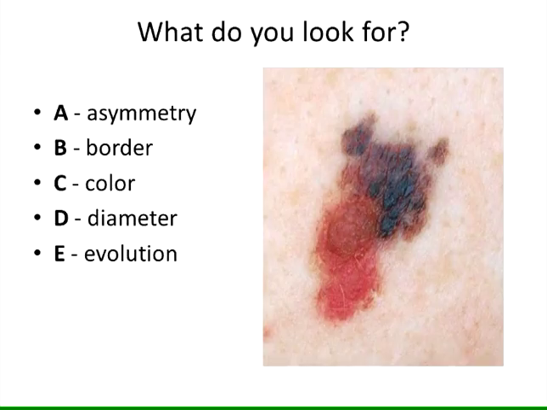The borders, instead of being nice and round, have notches, and it's kind of growing off to one side. It has more than 2 different colors, so there's red, brown, black, dark brown. The diameter, in this case, is probably larger than a pencil eraser. That's the cutoff we use. And then E is for evolution. Is it changing?